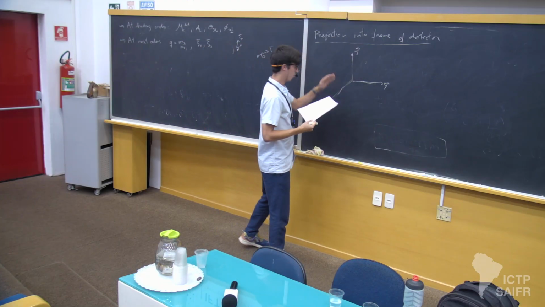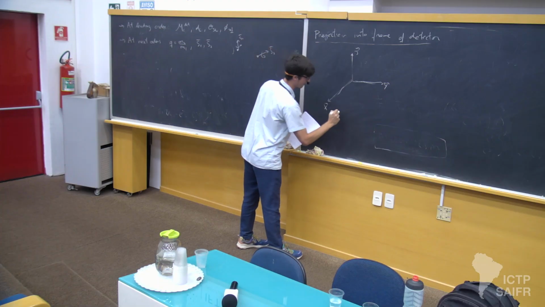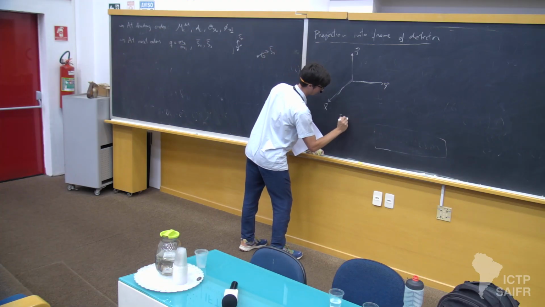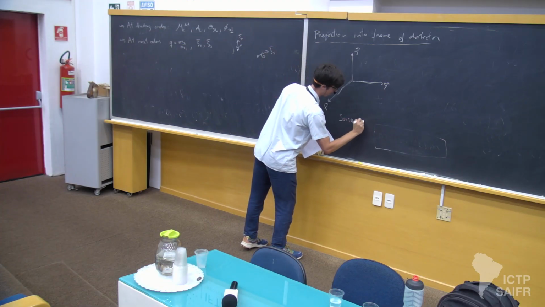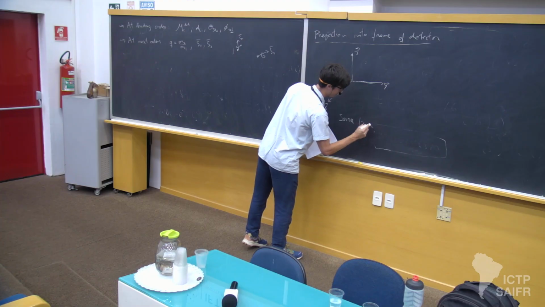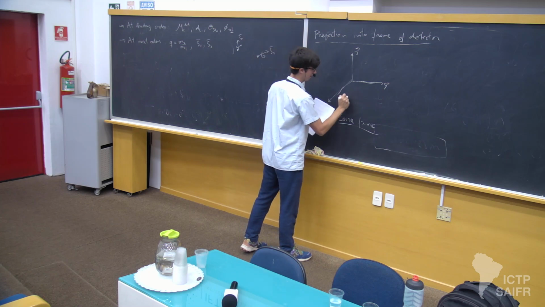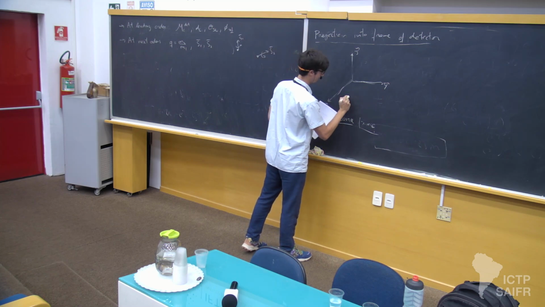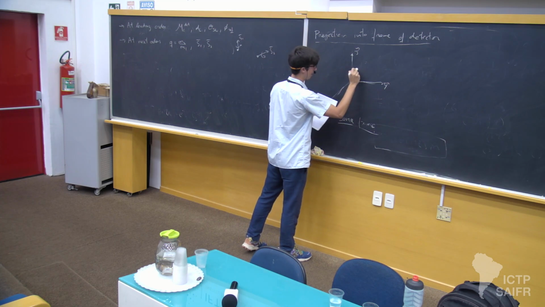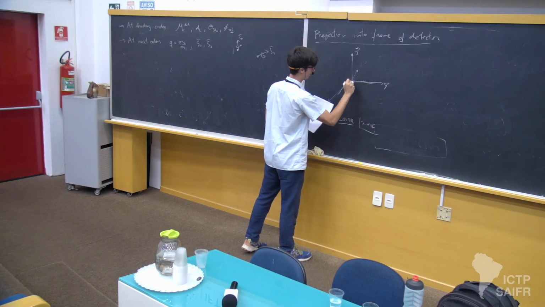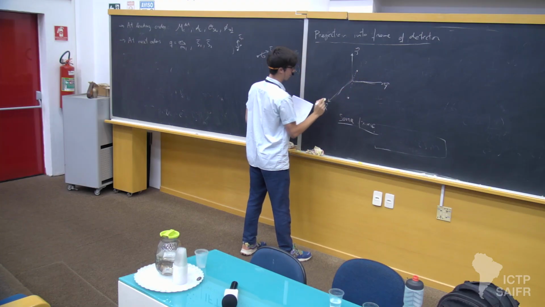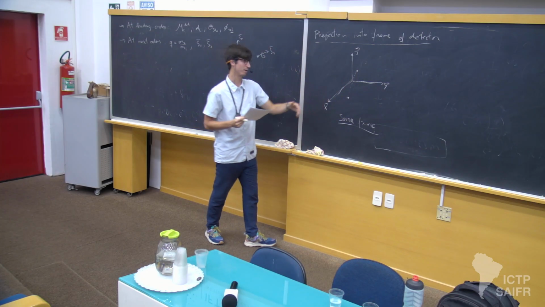Okay, so we are going to start in the frame of the source. This frame of the source is defined by our binary, which is orbiting in a plane that we have defined to be the XY plane.